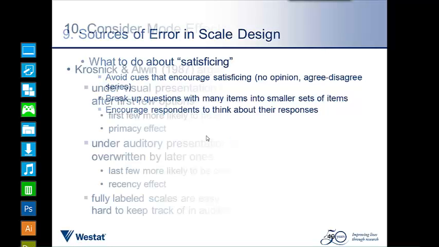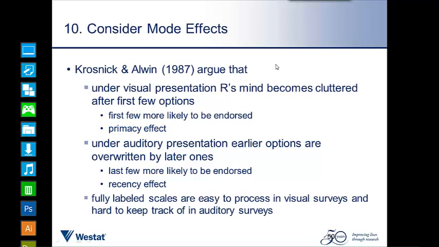Okay, the last thing for today is just getting us warmed up to thinking about mode effects. The literature shows that with a visual presentation, a self-administered survey, whether it's a paper survey or a web survey, respondents' minds start to become cluttered after the first few options.